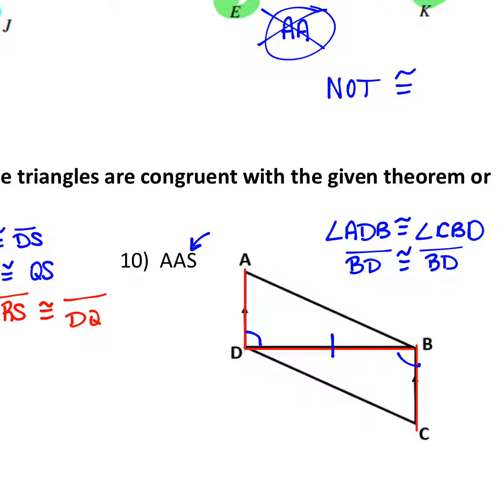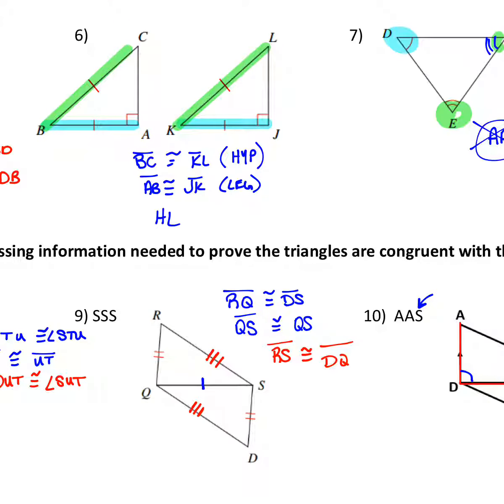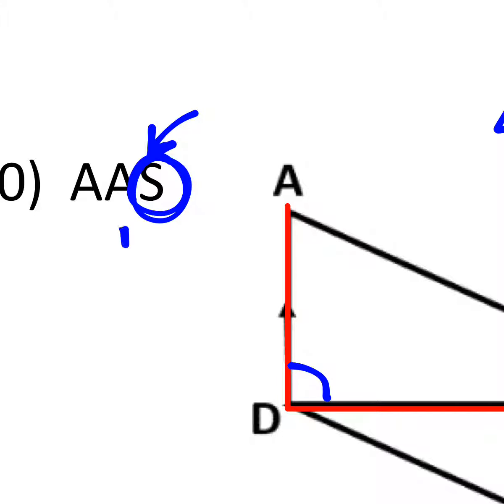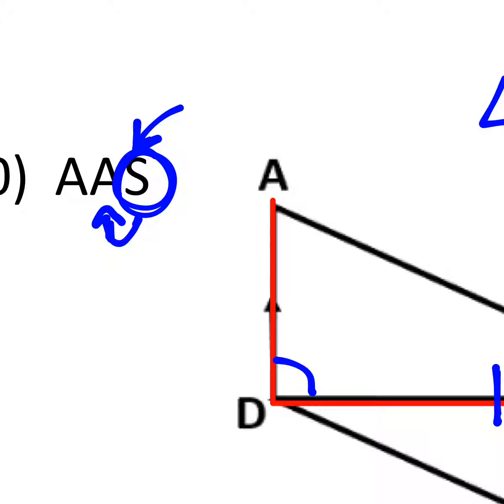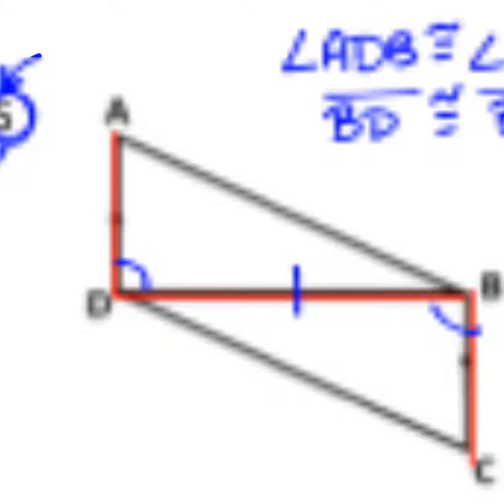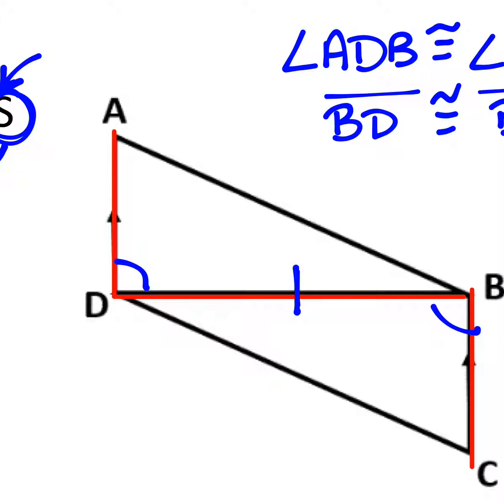So again, the biggest difference, if I look at angle, angle, side, and angle, side, angle, is that in angle, angle, side, the S only touches one of the A's. So our second congruent angle can only touch one of the congruent angles here.